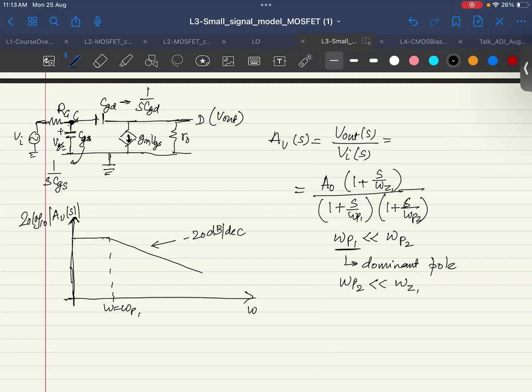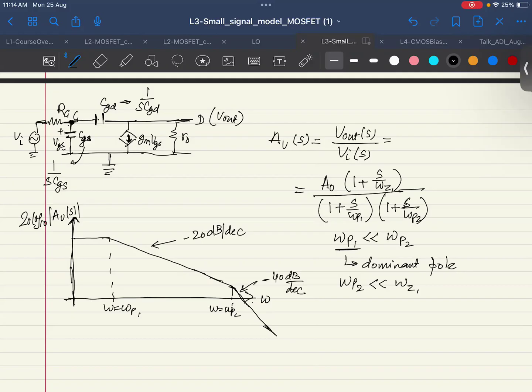So then you see that at this point where you have omega p2, you will have another change in the slope, because now you have encountered another pole in the transfer function, and that slope would now change to minus 40 dB, because there are two poles which you encountered. One you encountered here, which gave you minus 20 dB.